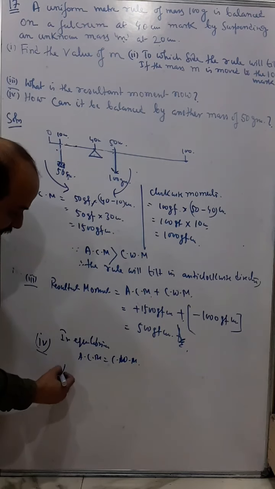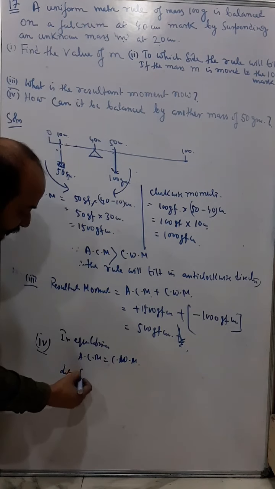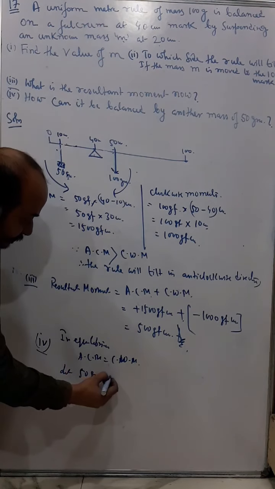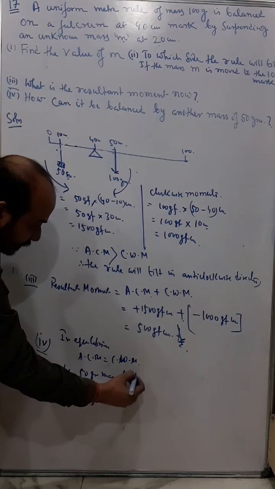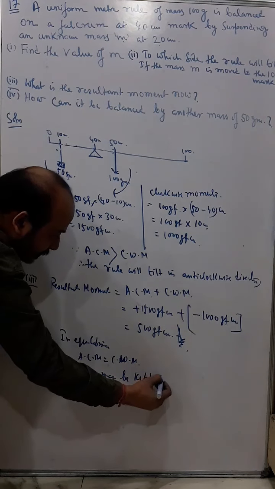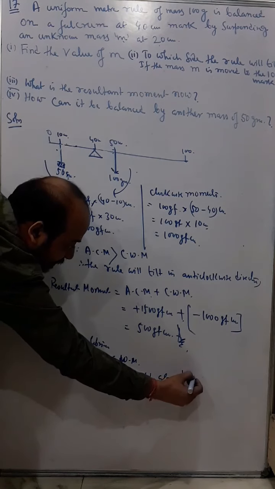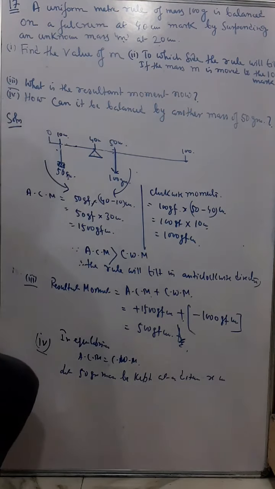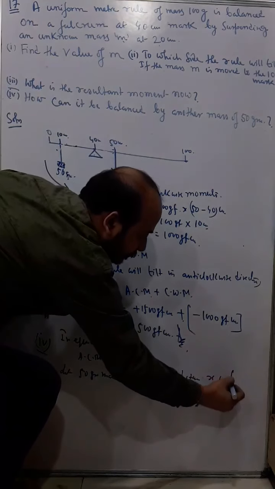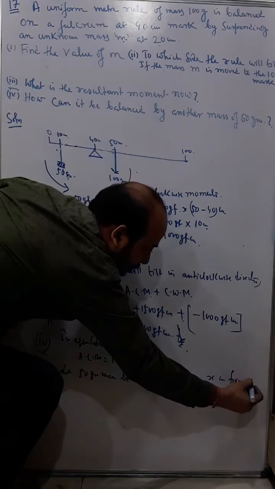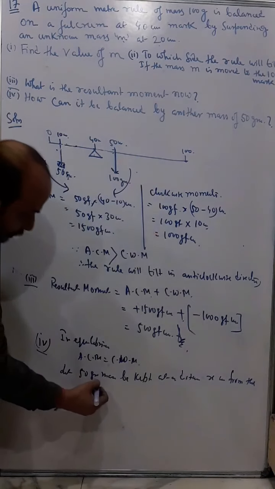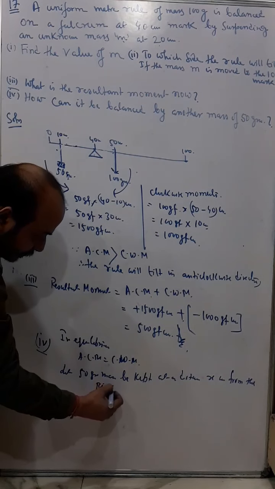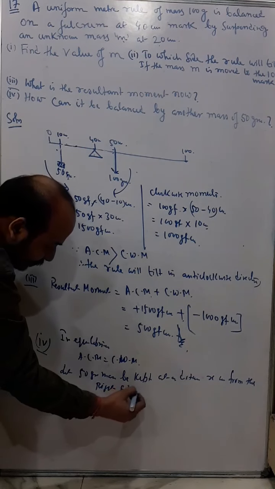Now let the 50 gram mass be kept at a distance x centimeter from the right side of the fulcrum.